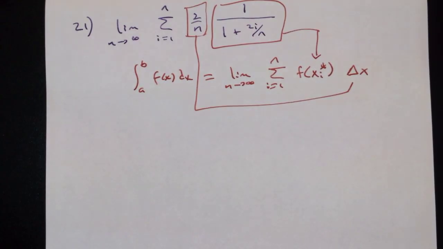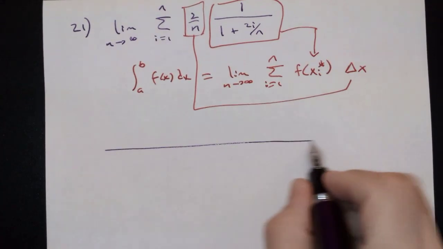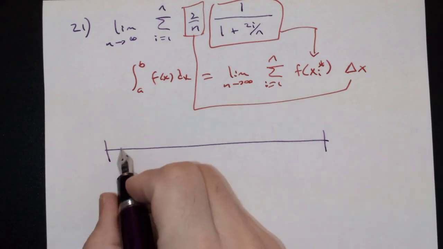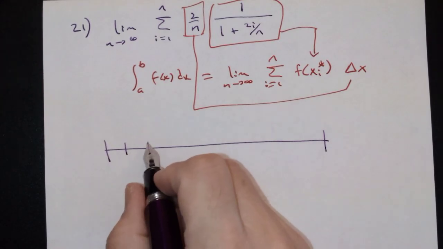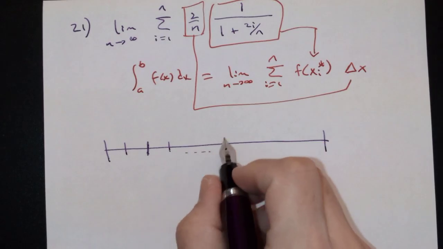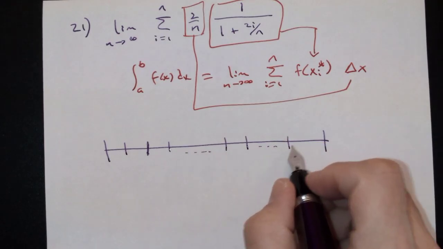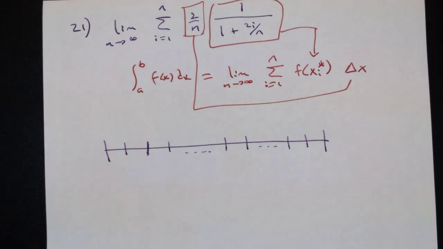Now let's go back to the calculations that we did when we were thinking about how to set up a Riemann sum. Here's my x-axis, all chopped up into little bits.